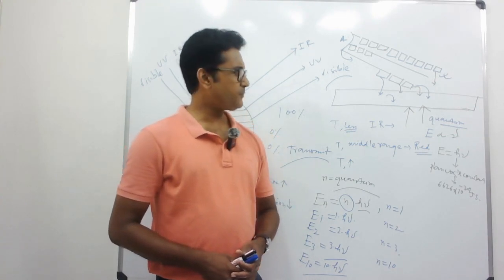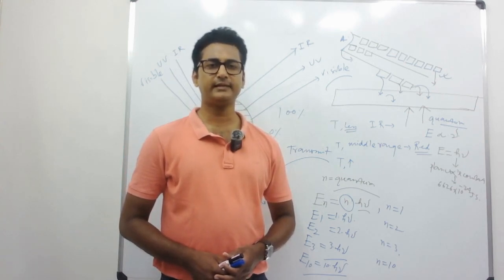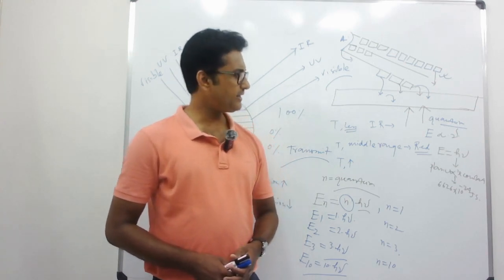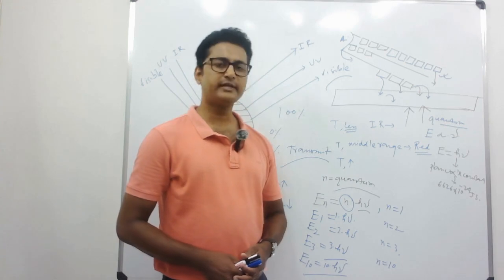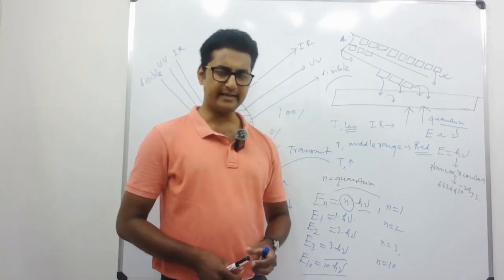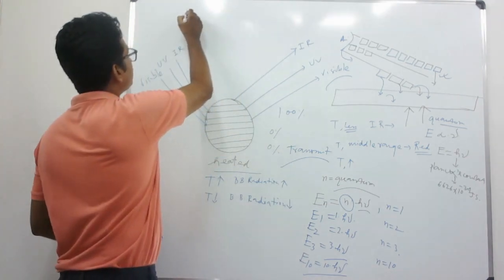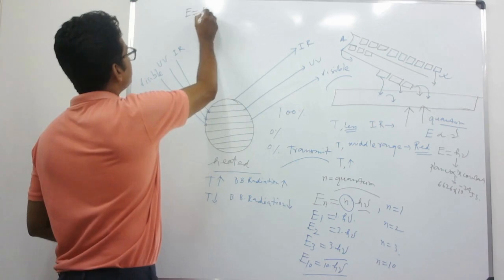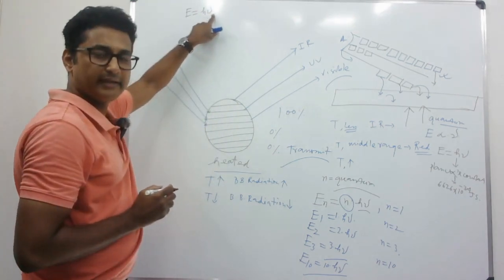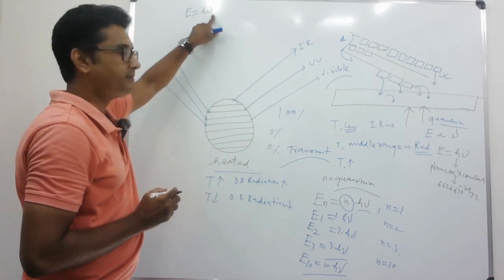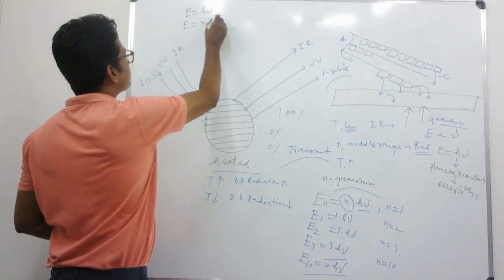This theory is very important for class 11 students as well as for NEET and JEE. The points which are very important to remember, those that used to come in exams, are the equations actually. That means E is equal to h nu, where we can calculate the energy of a quantum, and E is equal to n h nu.